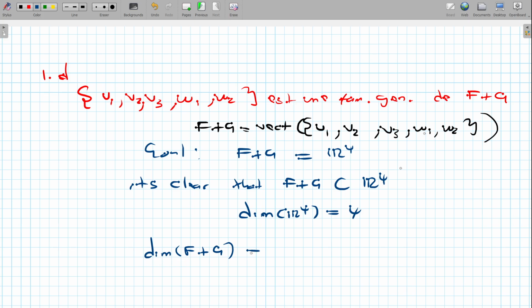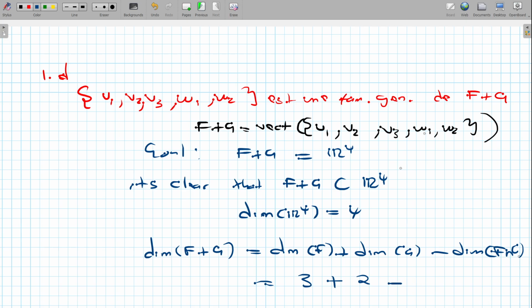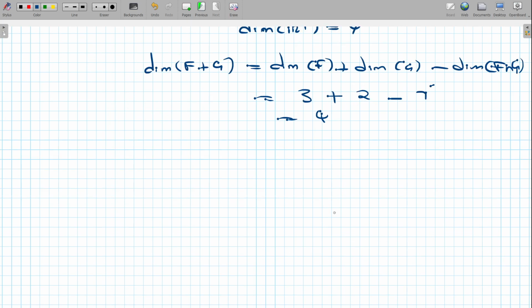The dimension of F plus G is the dimension of F plus the dimension of G minus the dimension of F intersection G. The dimension of F is 3, the dimension of G is 2, and the dimension of F intersection G is 1. So the dimension of F plus G is equal to 4. We can see that the dimensions are equal, and we've shown one inclusion.